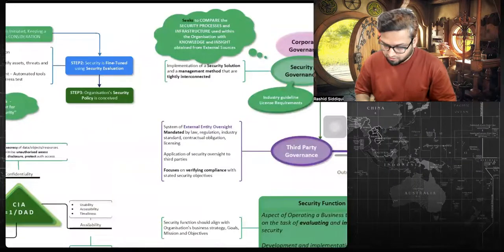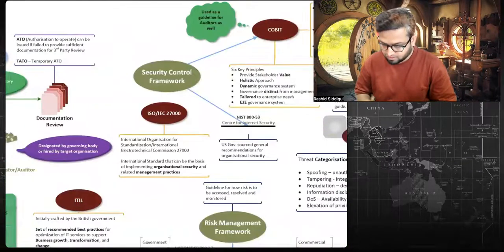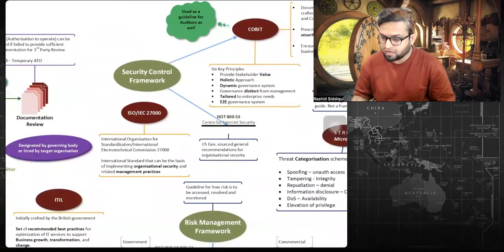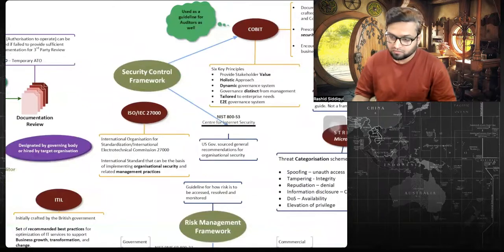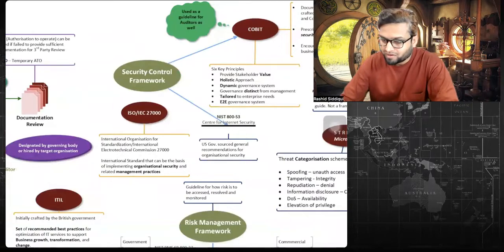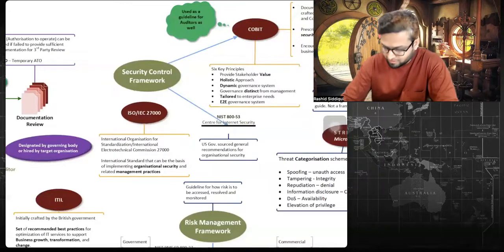So we will dive a bit into security control frameworks and see what kind of frameworks exist in the IT industry, or not only in the IT industry, but in any industry driven by IT systems. And we'll see how it relates to the different security governance techniques, basically.